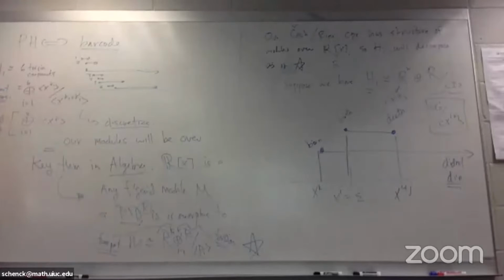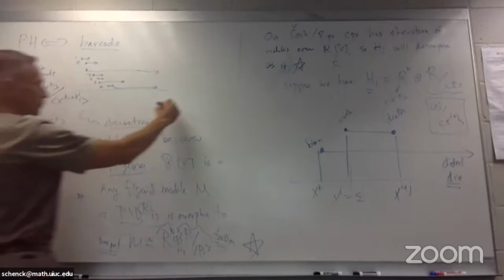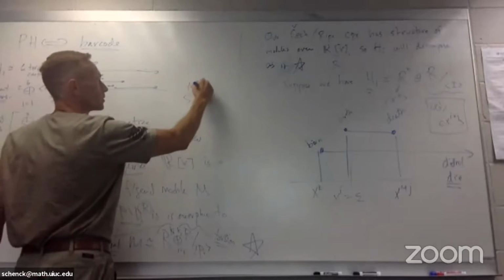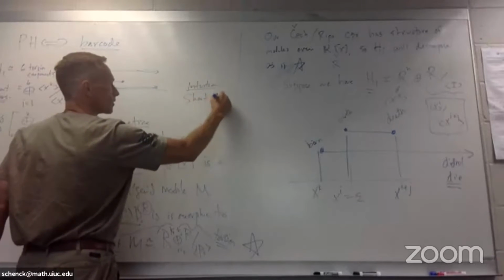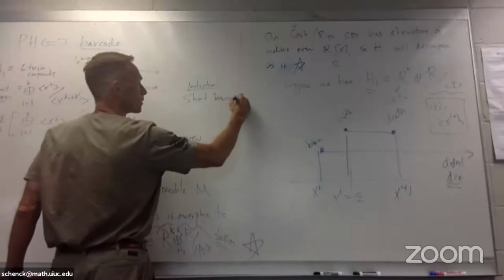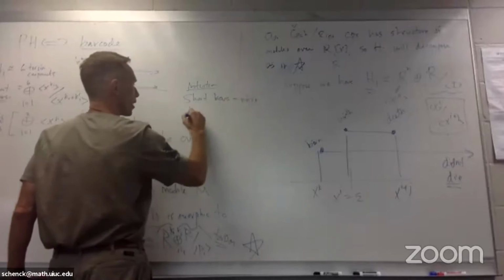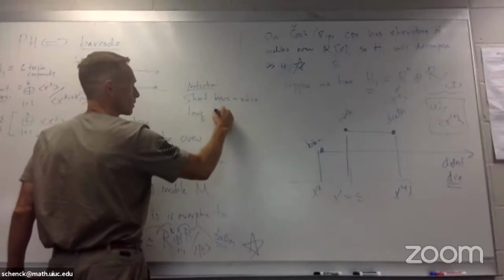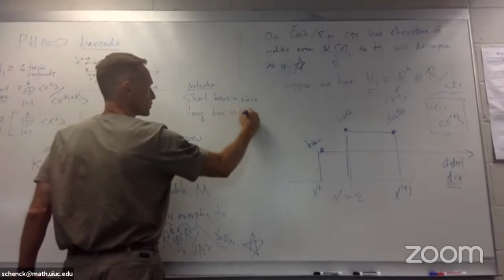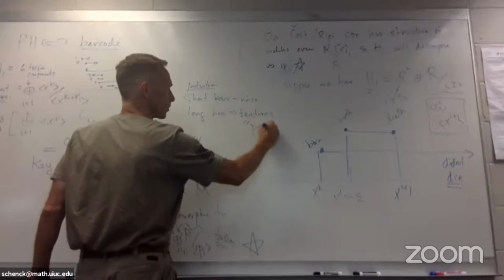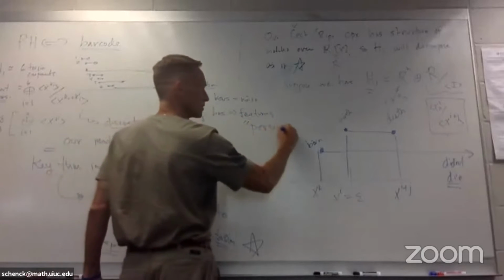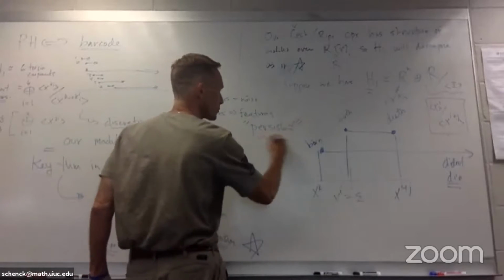The intuition is that short bars are supposed to come from noise, and the long bars represent features. This is where the word persistent comes from, P-E-R-S-I-S-T-E-N-T, because they persist.